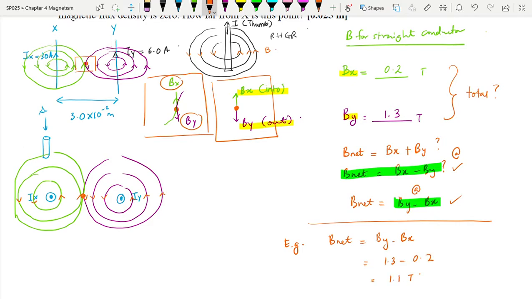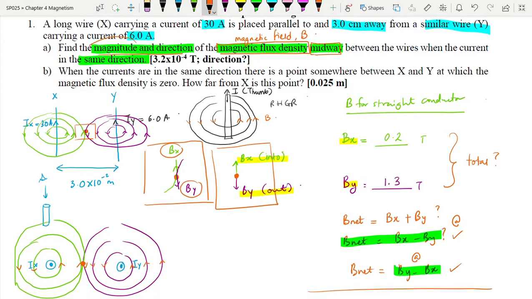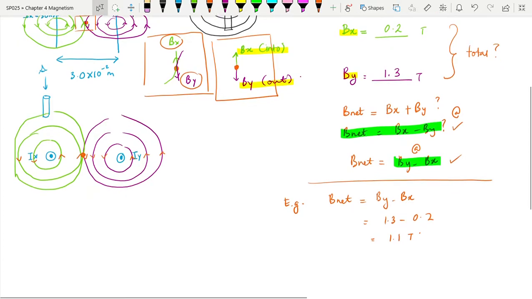Soalan tadi, dia minta kita tengok magnitude dan direction. So, kedua-duanya kita nak tahu. Okay, ini adalah magnitude. So, kita dah dapat jawapan bagi magnitude untuk magnetic field pada point midway between the two wire. So, how about the direction? So, since jawapan kita positif, so kita ikut pada magnetic field yang lebih besar value dia.